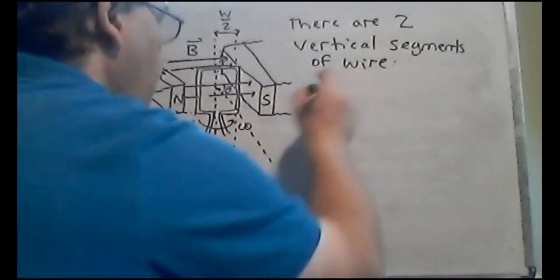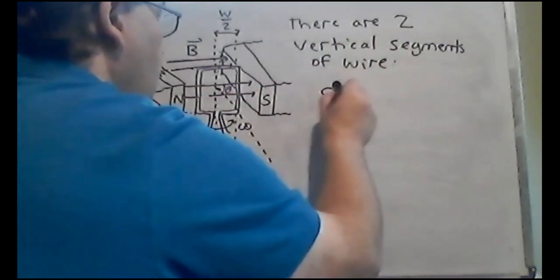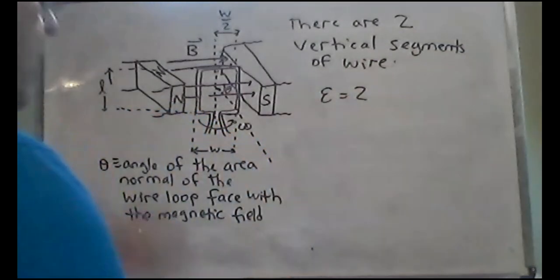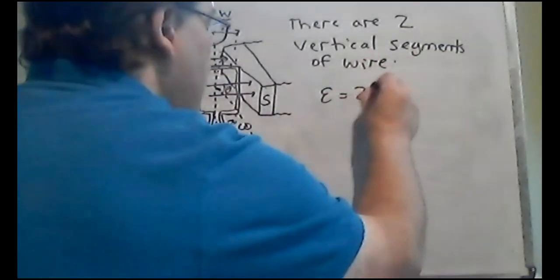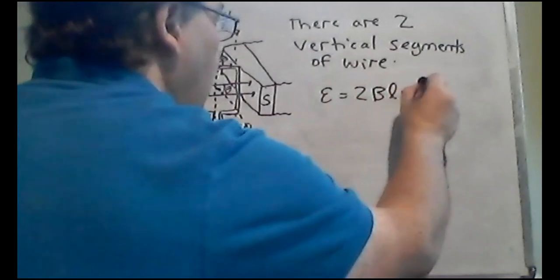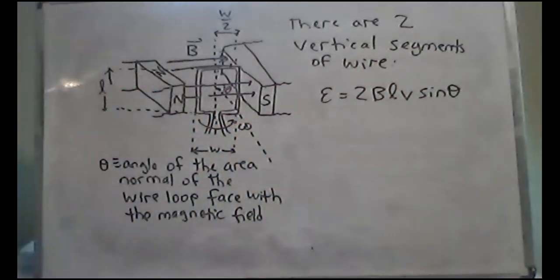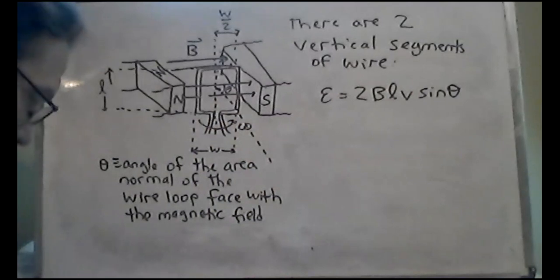So epsilon is 2 BLV sine of theta. Okay, so I'm developing my equation right now for the EMF in this particular arrangement.